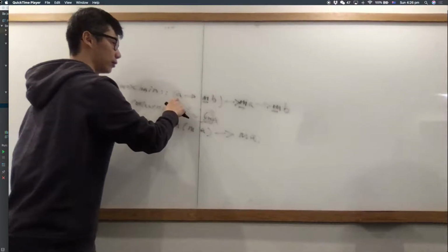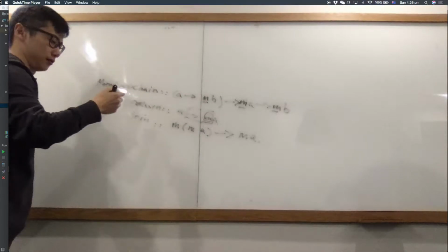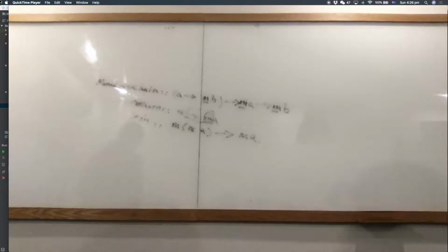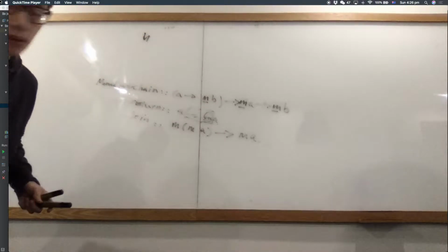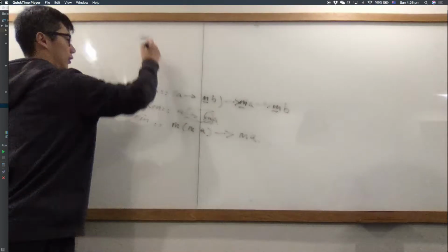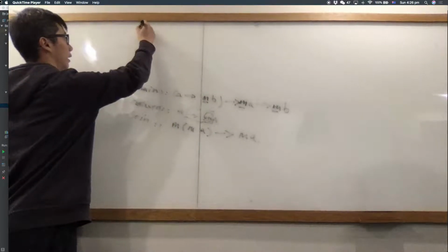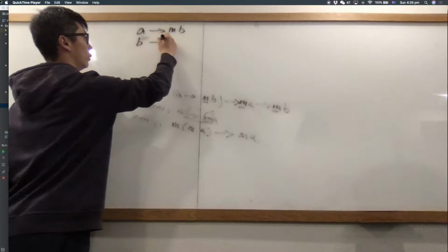What if you have two functions like this? A to MB, B to MC.